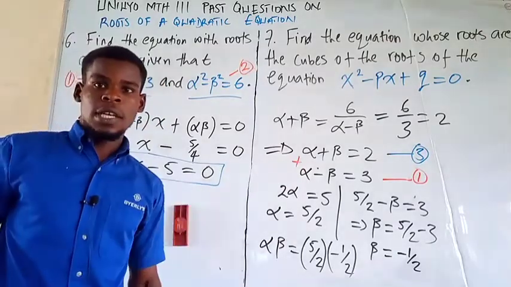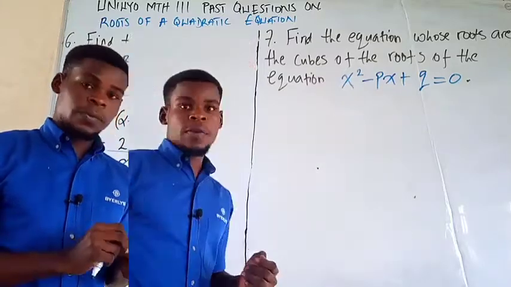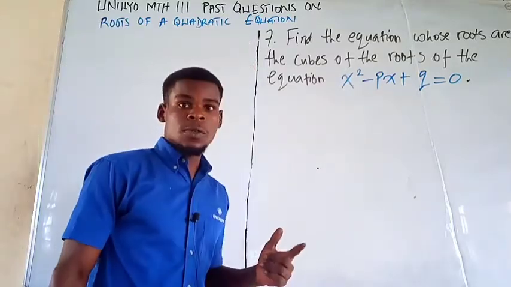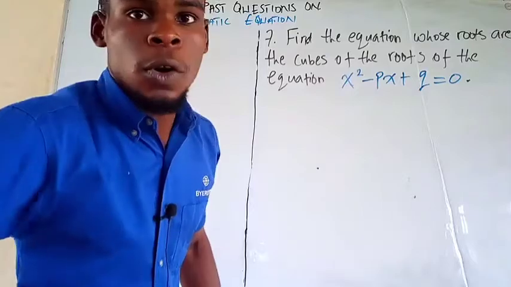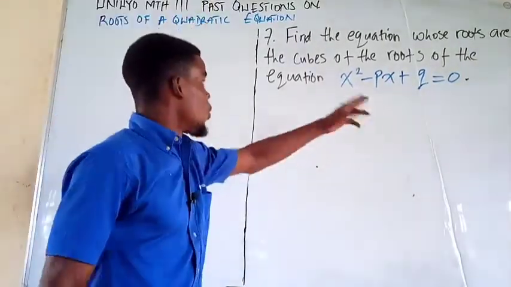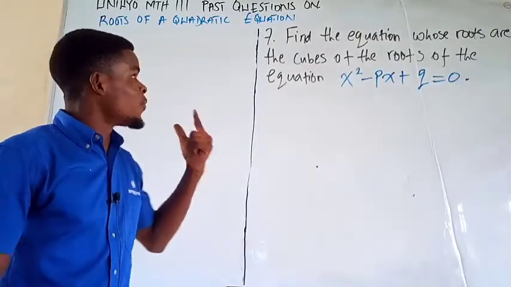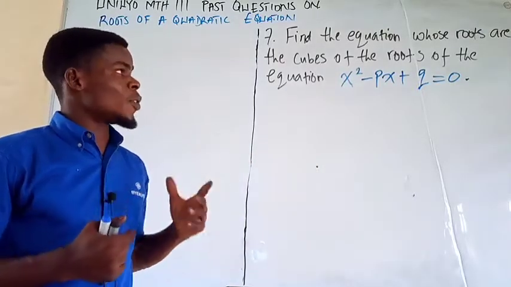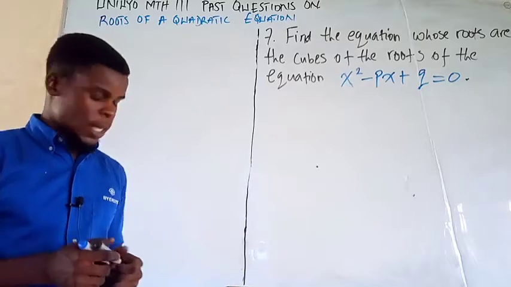Let's move on to the number 7 question. Now here we are to find the equation whose roots are the cubes of the roots of this equation. Find the equation whose roots are the cubes of the roots of this equation.